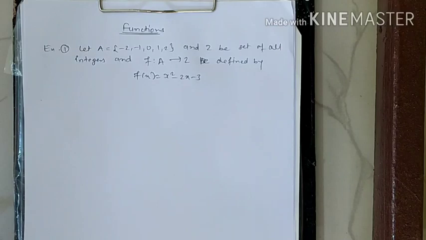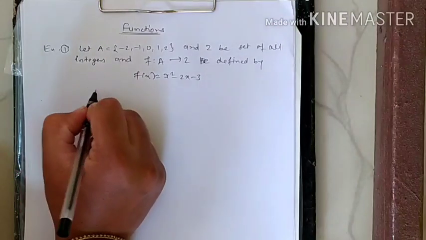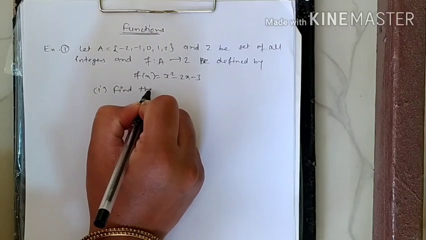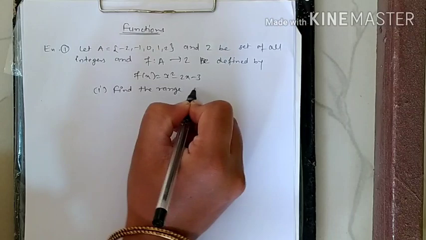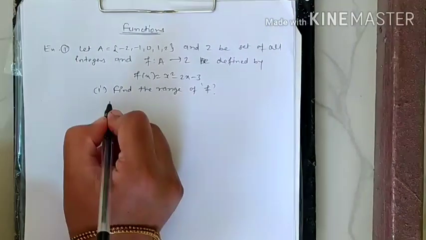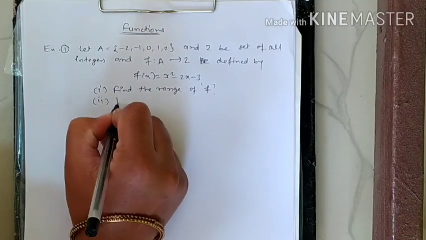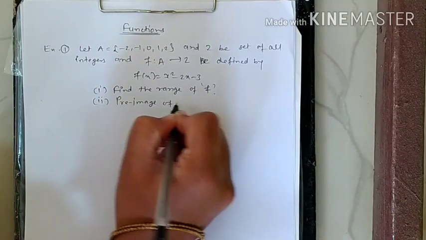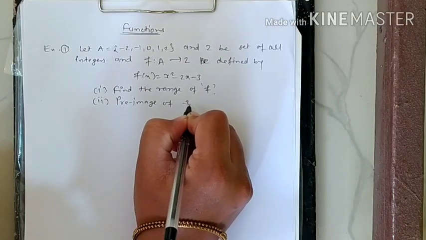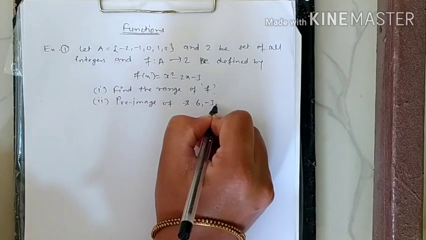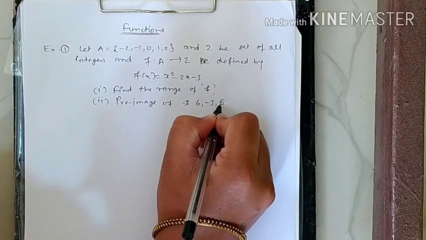Now students, the question is: first, find the range of f, and second, find the pre-image of the elements 6, then -3 and 5.